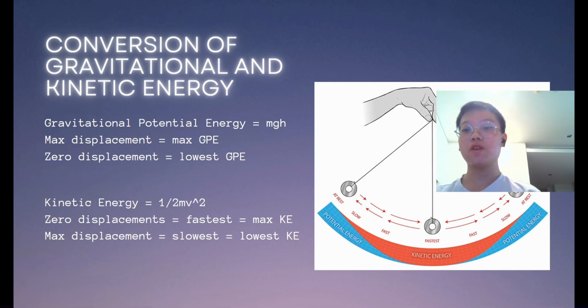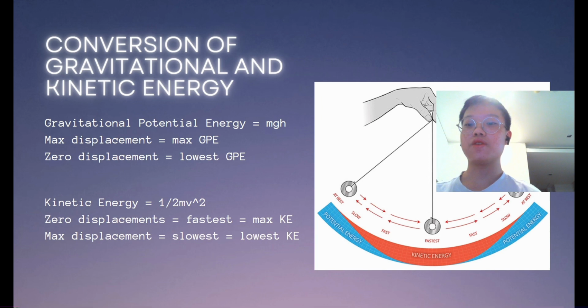For example, in this picture of the motion of the pendulum, at the start or the maximum displacement on both sides, we can see that they are at the highest position of the motion, and the mass and the gravitational pull remain the same. So the gravitational potential energy is the max at this max displacement.